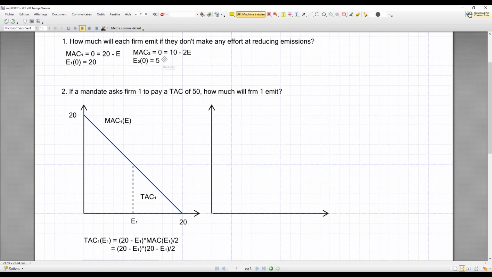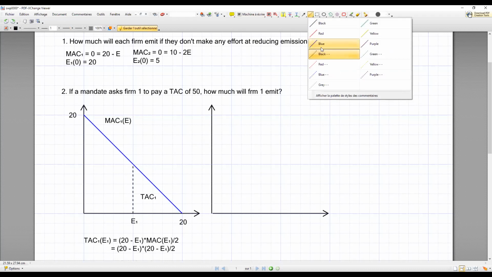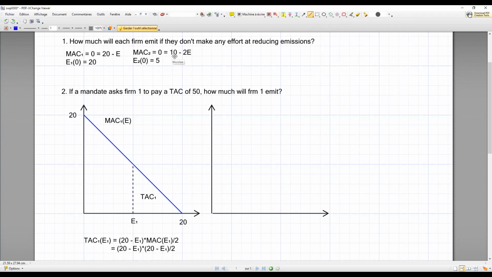So let's just do that one for firm 2 for fun. It starts at 10. So that would be half of that one. And it finishes at 5. So that would be a quarter of that one. So that would be the proportion that's like this.